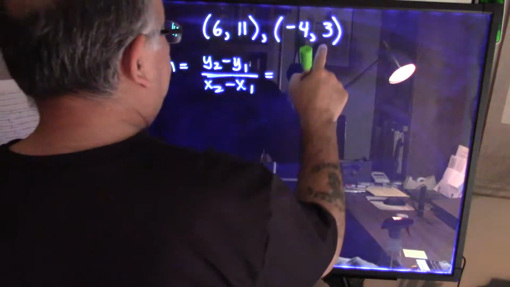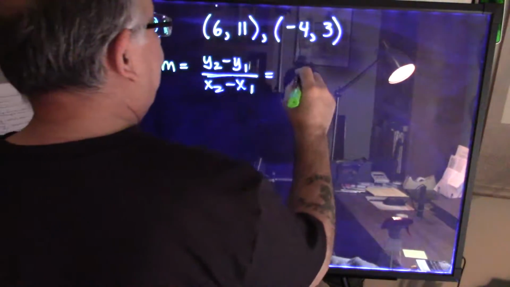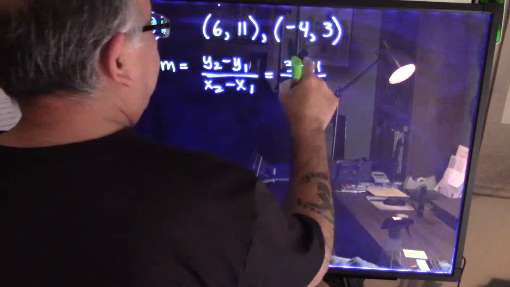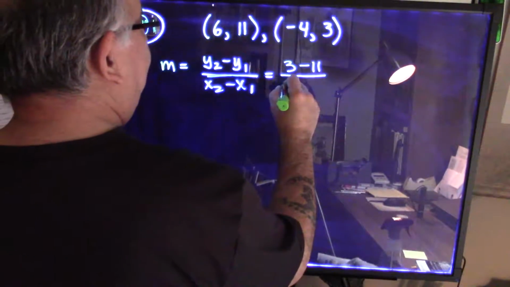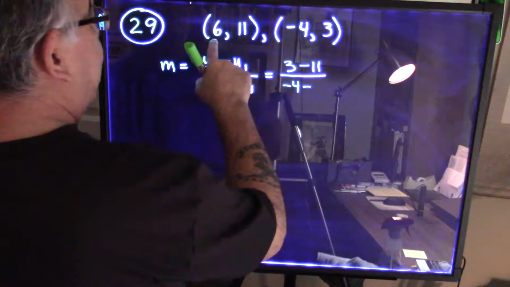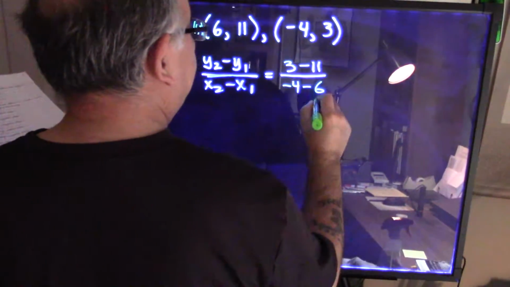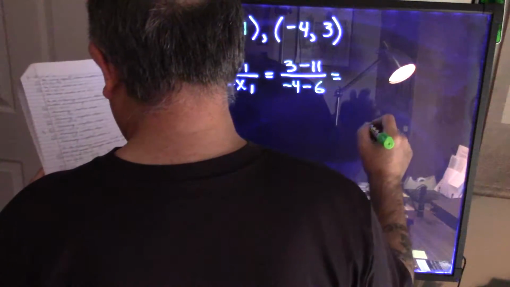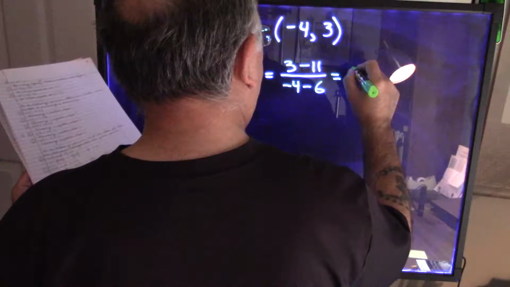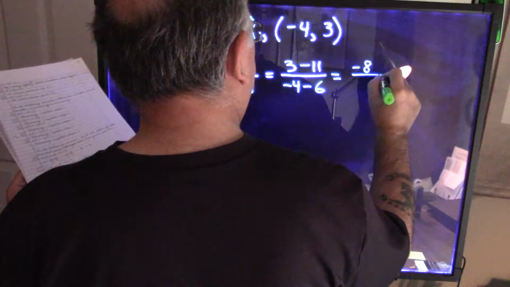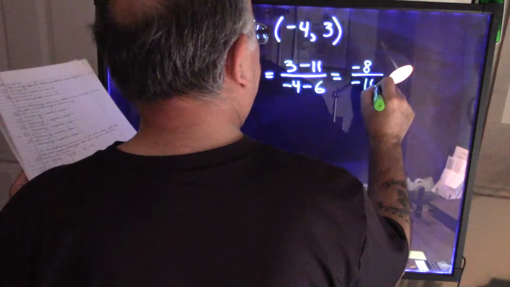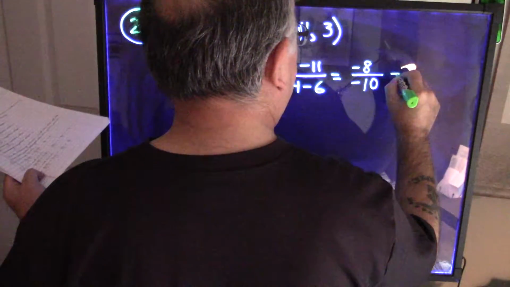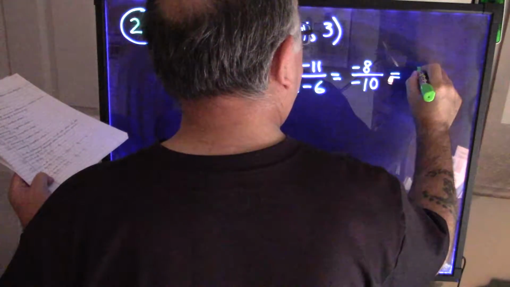And that's equal to 3 minus 11, that's y2 minus y1, over x2, which is negative 4, minus x1, which is 6. Alright, so that's equal to negative 8 over negative 10. Negative divided by negative is positive, so you're going to get a positive answer, and reducing that, you get 4/5.